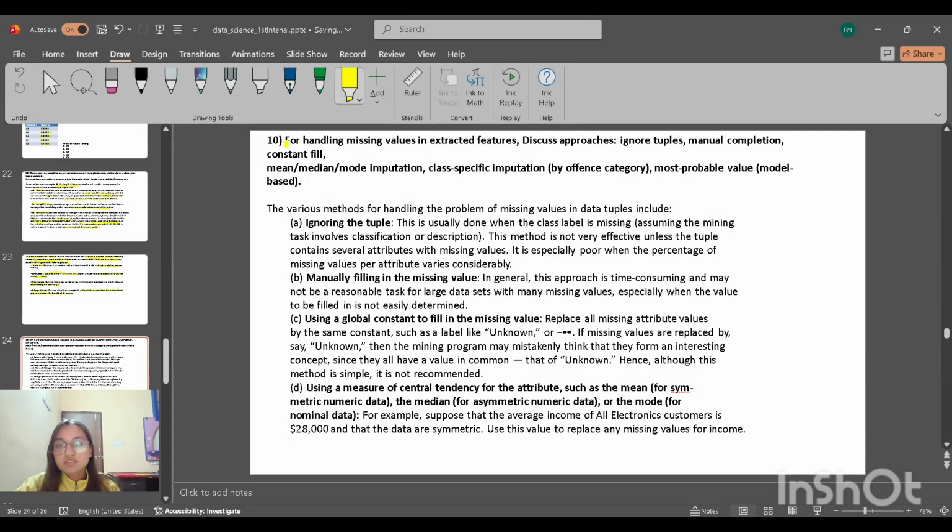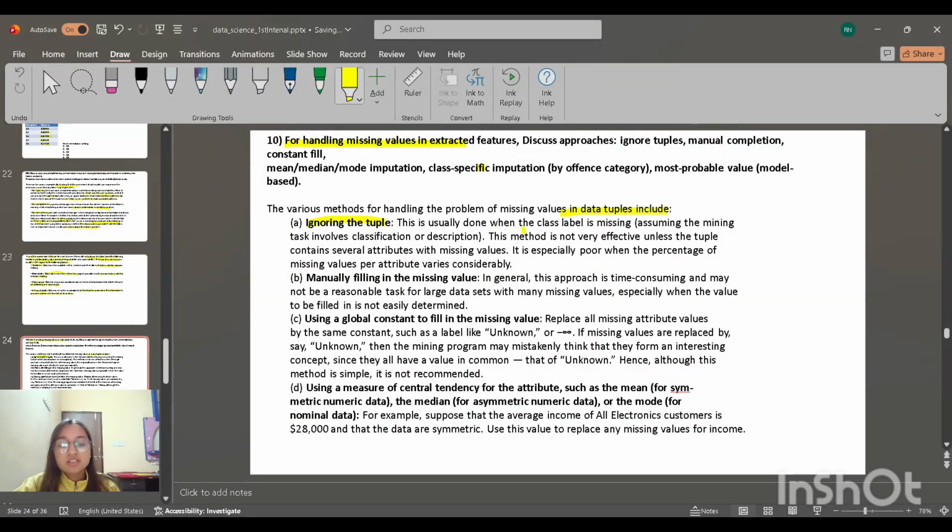Question 10. For handling missing values in extracted features, discuss approaches: ignore tuples, manual completion, constant fill, mean median mode imputation, class specific imputation, most probable value, model based. The various methods for handling the problem of missing values in data tuples include ignoring the tuple.